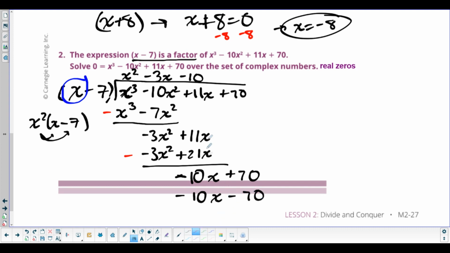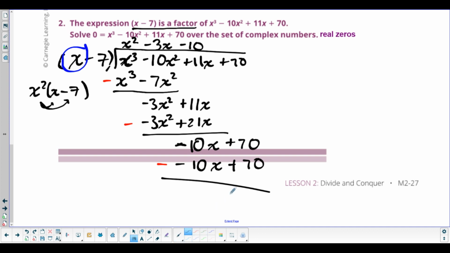Or, sorry, -10 times -7 is plus 70. That's good. We should have the same thing, because when we subtract them and drop a line, we end up with 0, which means we have no remainder.